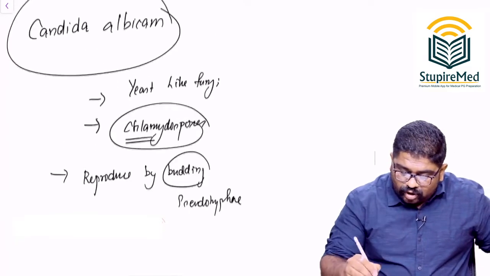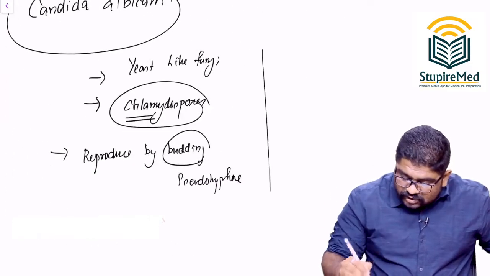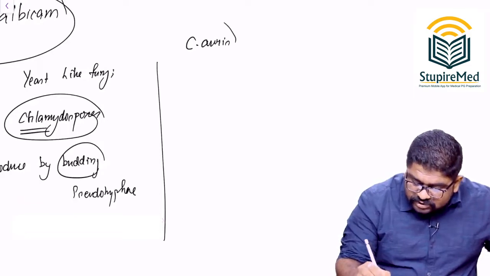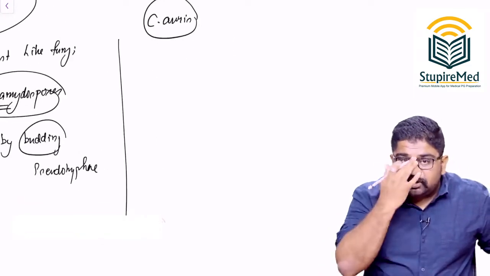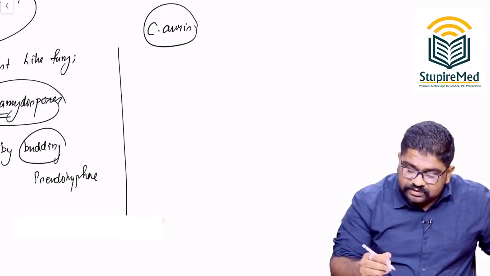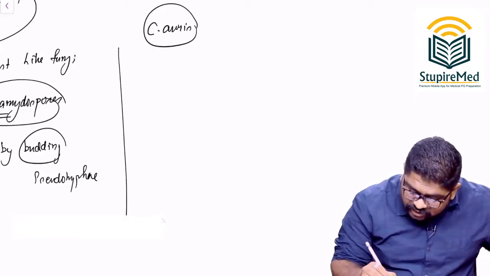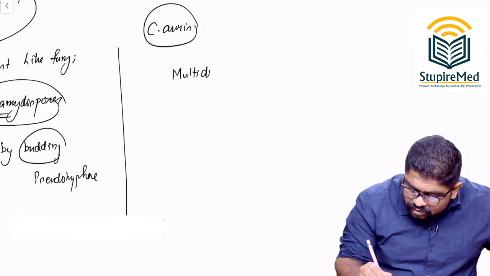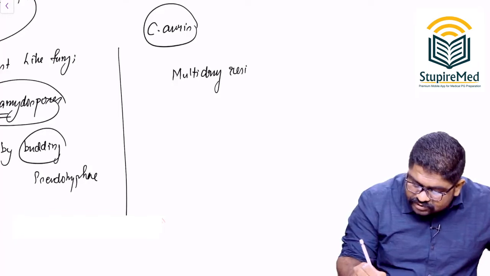There is a newly cropping up variant of Candida which is called Candida auris. They have asked multiple questions on Candida auris, right now here in 2019, in the beginning of your JIPMER exams and PGI exams. Both the exams asked questions on Candida auris. It is newly gaining fame because of multi-drug resistance.